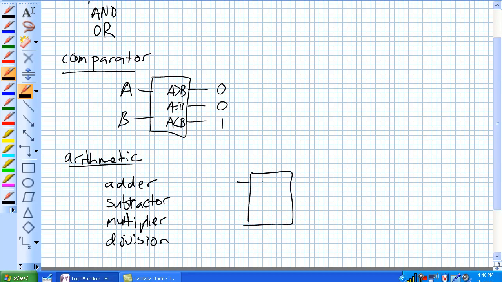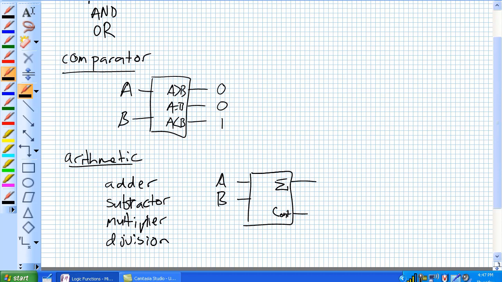We're going to have an input for our number A that we want to add, our input B that we want to add, and an output, our sum, and another output called our carry out. So what is a carry out?